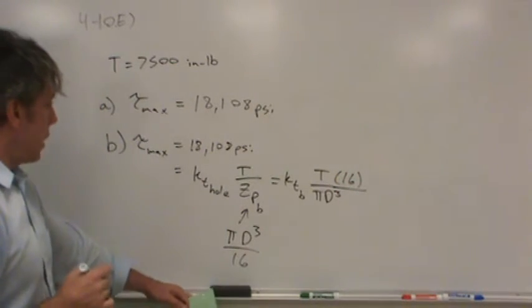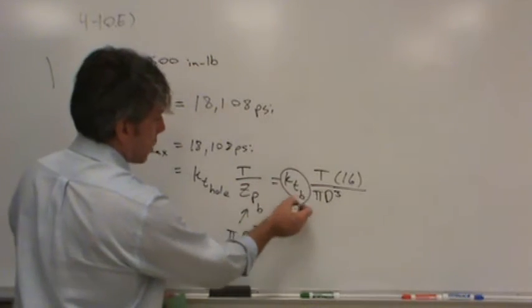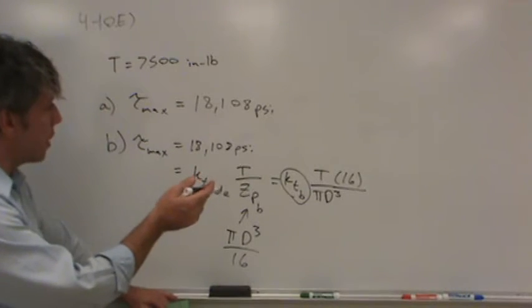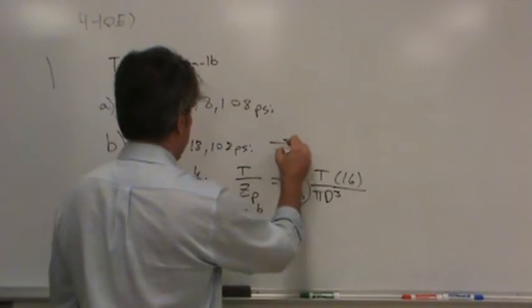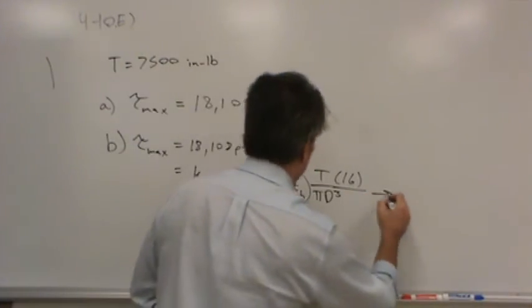Now really, the question of the size of the hole is more a question of what's the stress concentration factor, right? So let's rearrange the equation and solve for the stress concentration factor. See, this is getting messy. Let's do it here.